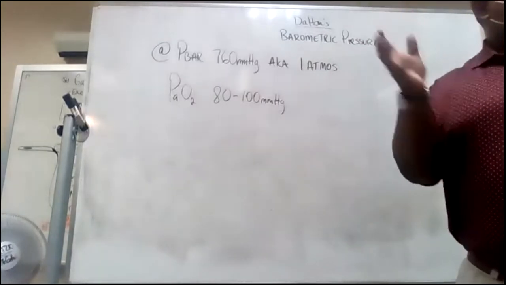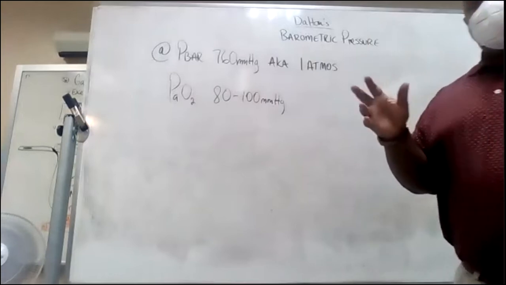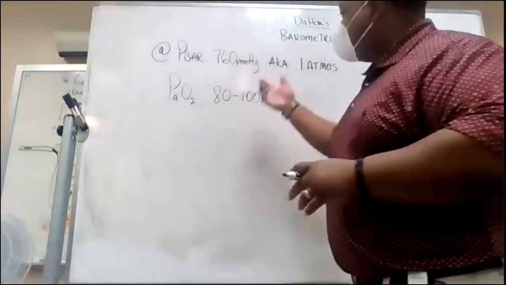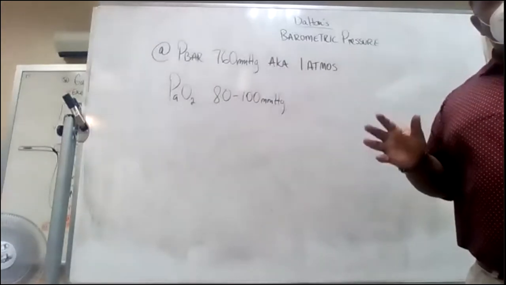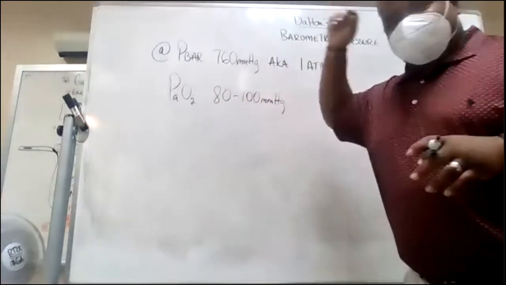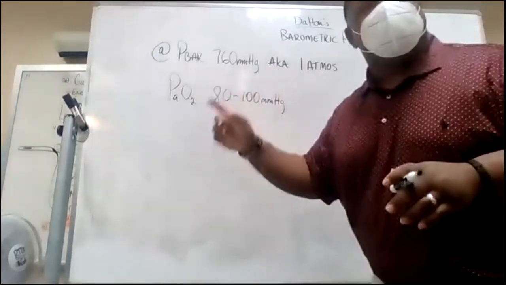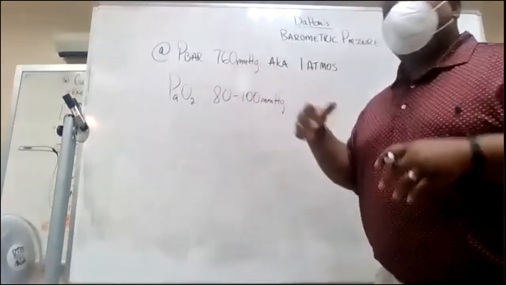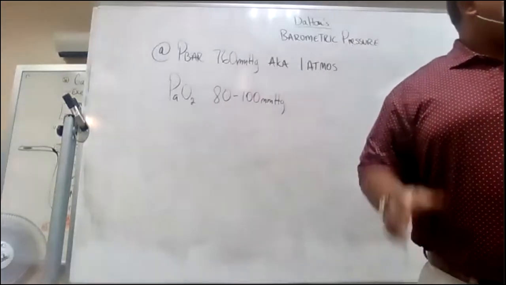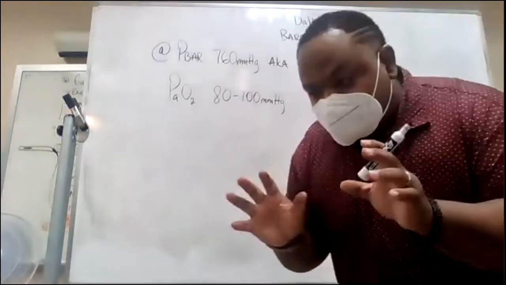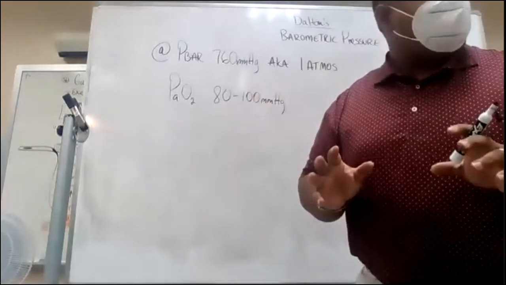That's what we are now, 1 atmosphere. Sea level is also considered to be 1 atmosphere. So at 1 atmosphere is 760. And we said 0.21 times 760 gave us 159 millimeters of mercury of oxygen pressure pushing at your tissues, okay?